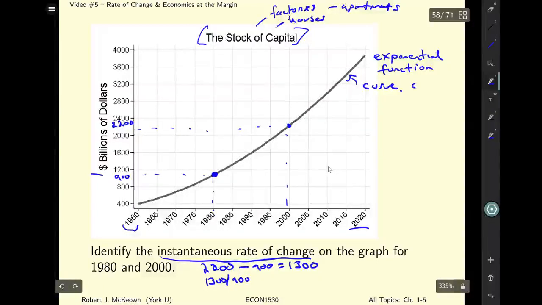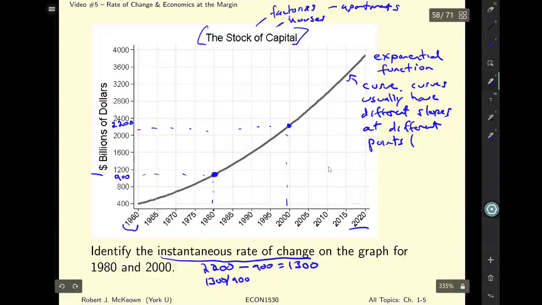And so curves usually have different slopes at different points, like say x1 versus x2, or in this case, 1980 and 2000.